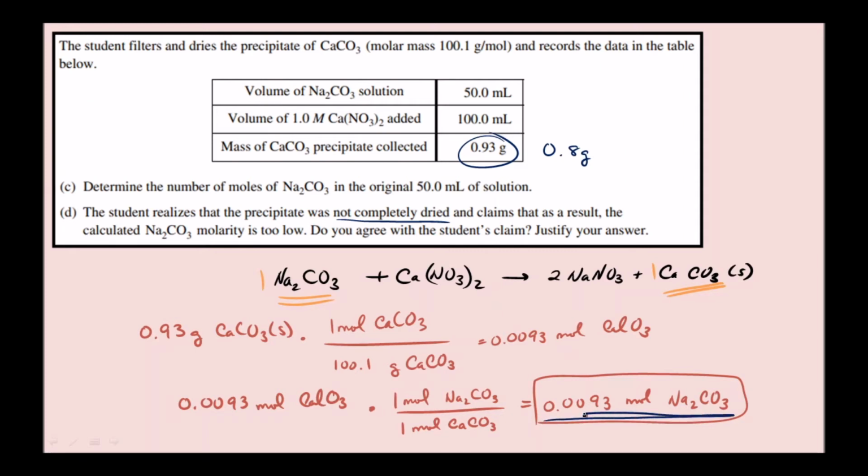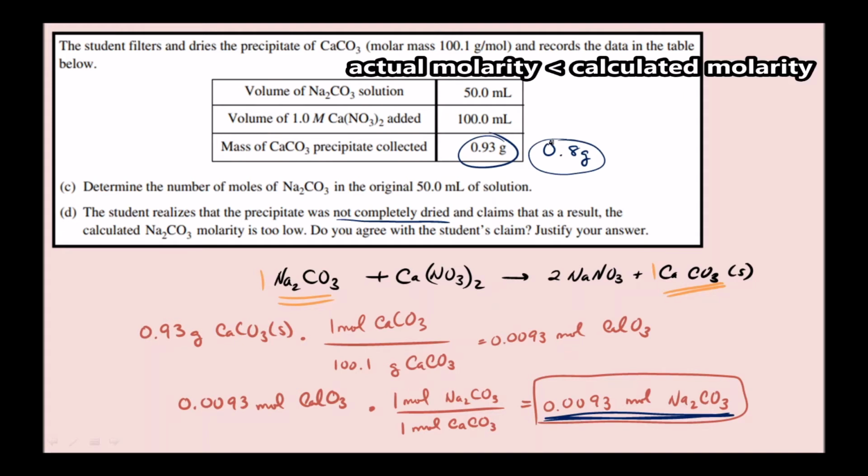So this is what we calculated for the number of moles of sodium carbonate, and the actual number of moles is lower if we were using something less, like 0.8 grams of calcium carbonate. So the actual molarity would be lower than the calculated molarity. Calculated number of moles is too high. The calculated concentration, or molarity, is too high.